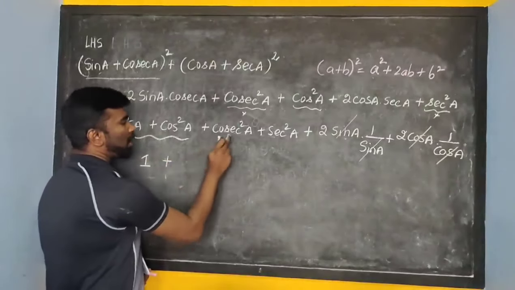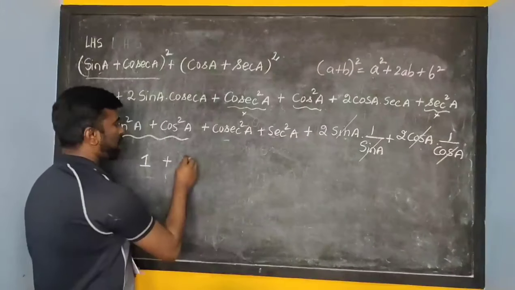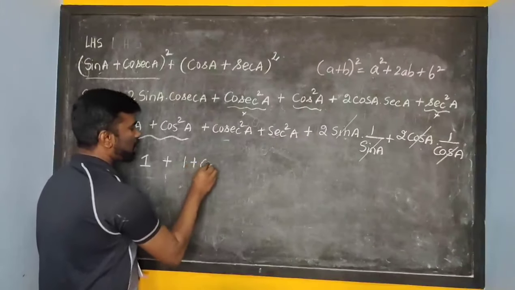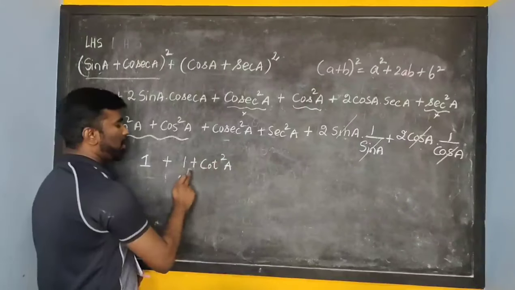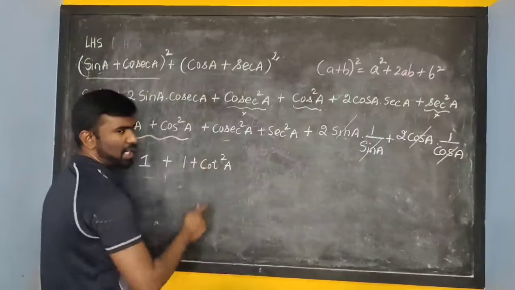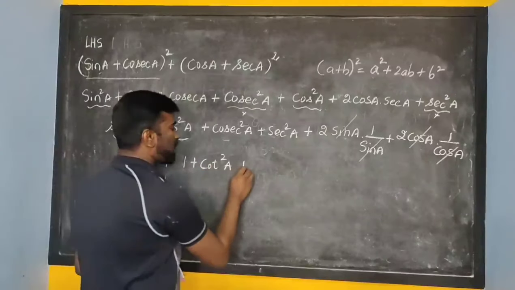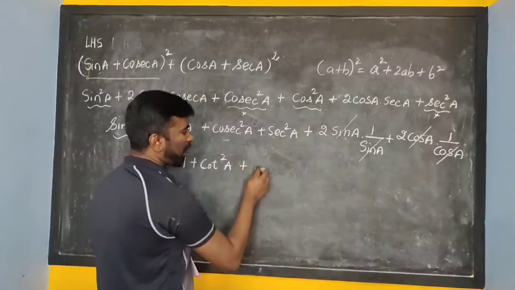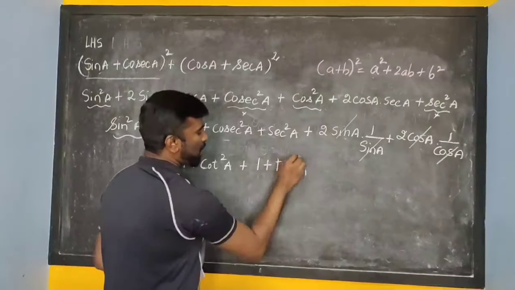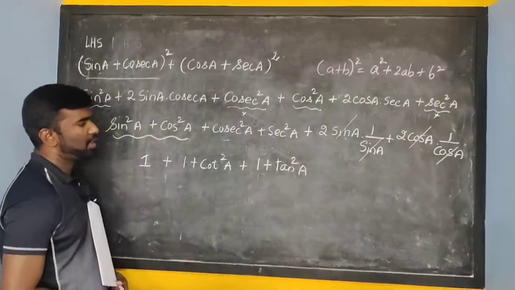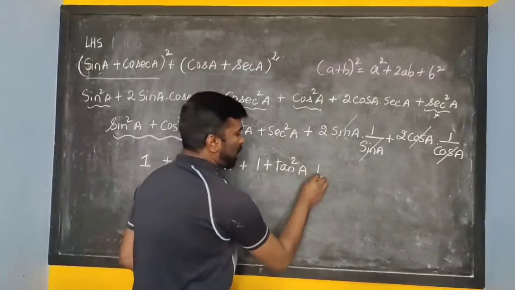And cosecant square A can be written as 1 plus cot square A using identity 3: 1 plus cot square A equals cosecant square A. In the same way, secant square A can be written as 1 plus tan square A. Students, you should remember all the three identities to solve the problems.